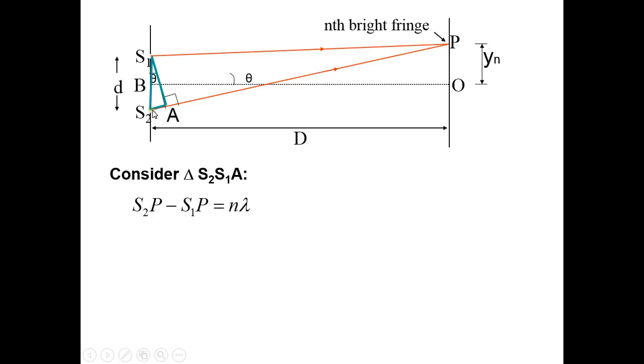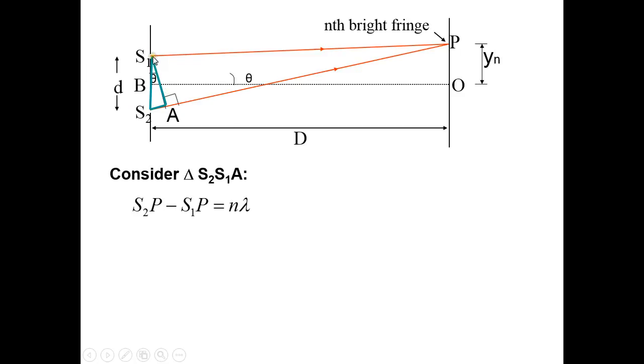We are assuming that S2P and S1P are almost parallel, because the 2 slits are so close together, a fraction of a mm, so the 2 waves are almost parallel. The big D, which I will mention later, is very big compared to the small d.